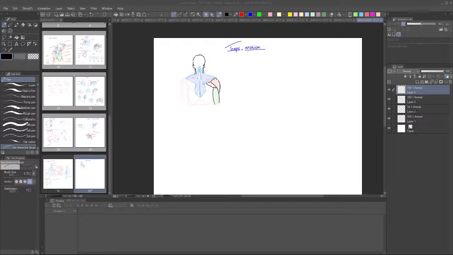But I think we are doing great. Our drawings are looking way better. So after the ribs, we're going to look at the hips, both male and female.